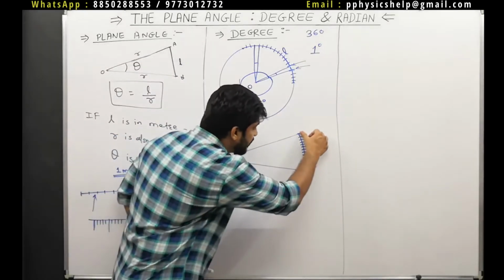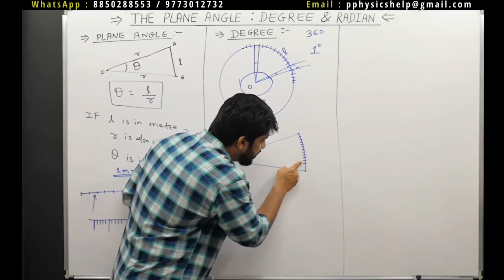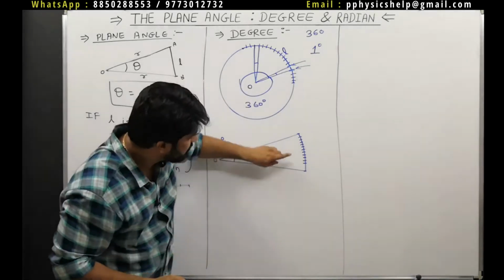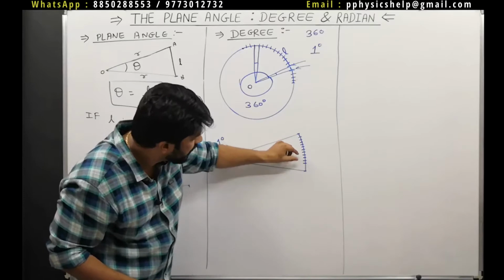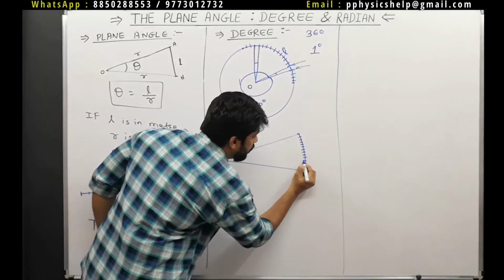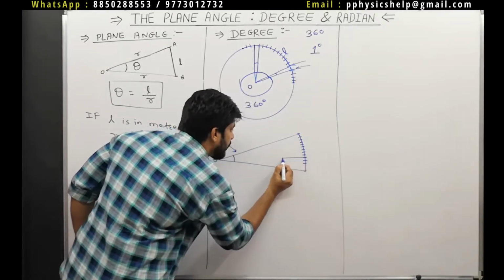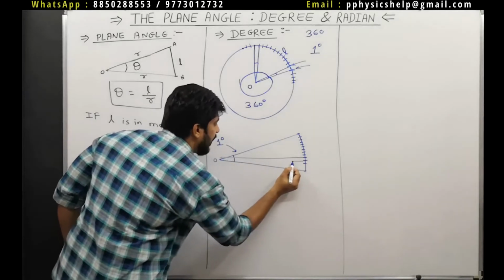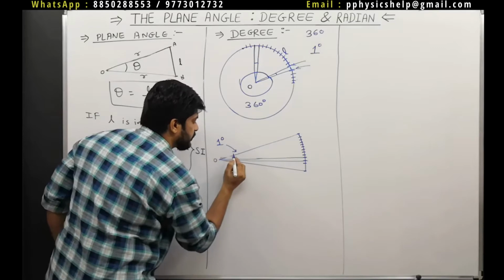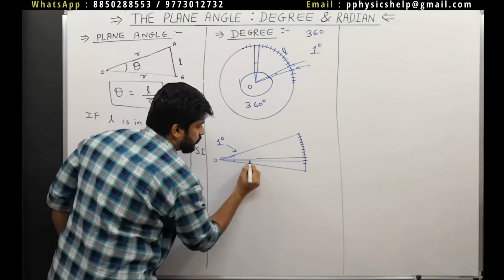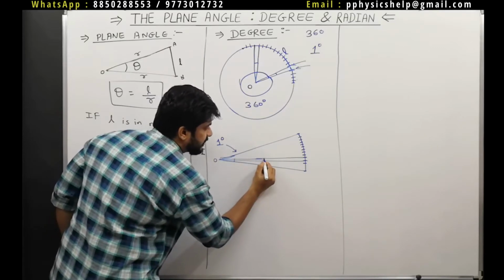Now you can see there are even smaller arcs. Each of these arcs is going to subtend a certain angle at the center, somewhat like this.